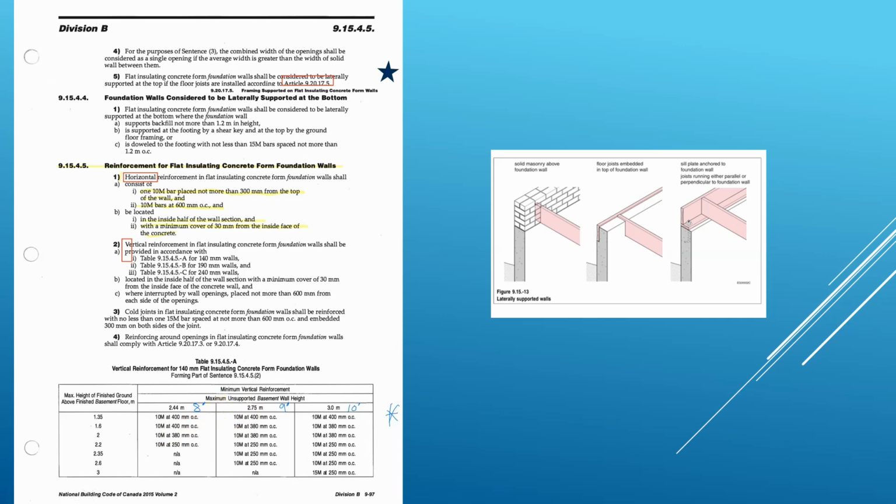I tried to figure out what it means, but they talk about maximum unsupported basement wall height. I'm not sure if they're talking about a knee wall or what, but it kind of throws me for a loop on that one. Again, it said it shall be laterally supported at the top and bottom, and now they talk about unsupported. So that's where the code is a little bit unclear.